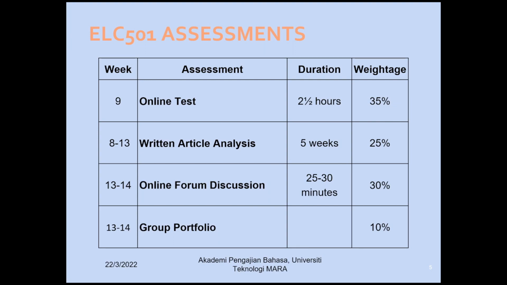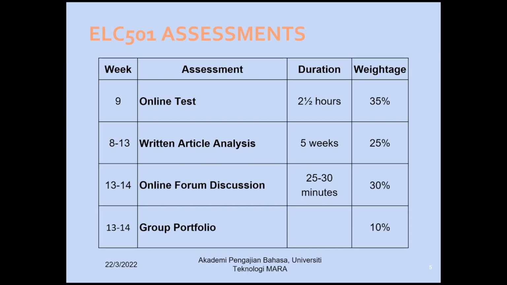Okay. Then week 13 and 14, you have your online forum discussion for 25 to 30 minutes for 30%. And the last one is your group portfolio, same as the online forum discussion, on week 13 and 14 for 10%. Your group discussion and group portfolio are slated together, because your portfolio is based on your forum discussion.